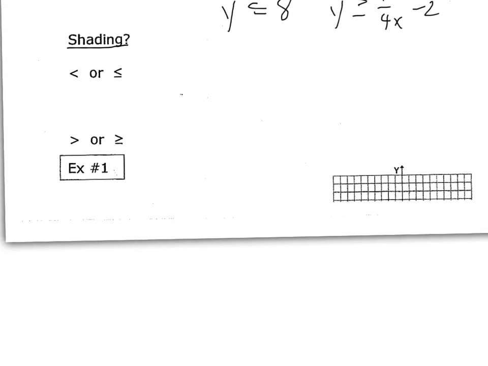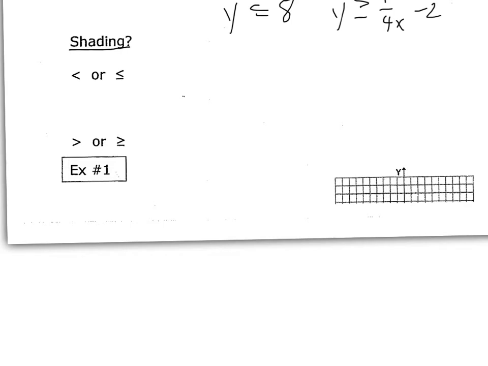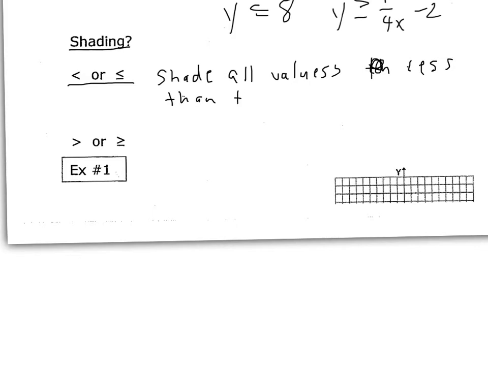Now you have to think about which way you're going to shade. If you have an inequality that is less than or equal to, you'll shade all values less than the variable.